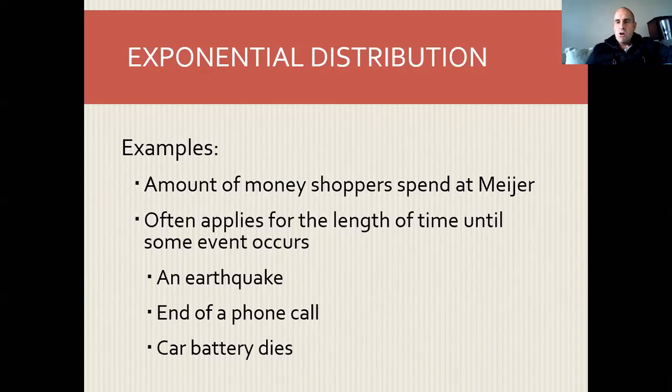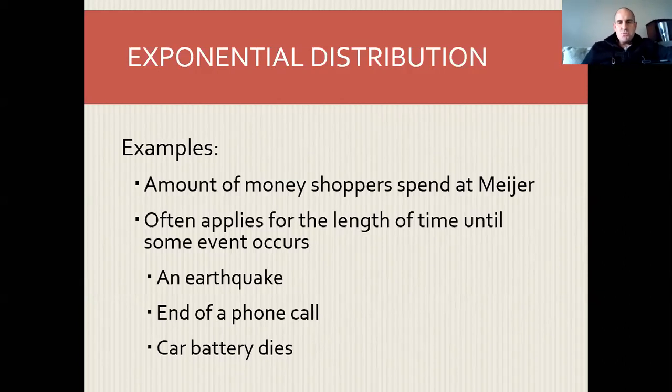How long am I going to have to wait for the first observation? That has the exponential distribution with parameter lambda. It's the length of time you have to wait for the first observation in a Poisson process with parameter lambda. Doesn't that sound exactly like the geometric, the thing we had in the discrete case? The exponential is to the Poisson process what the geometric was to the Bernoulli trials.